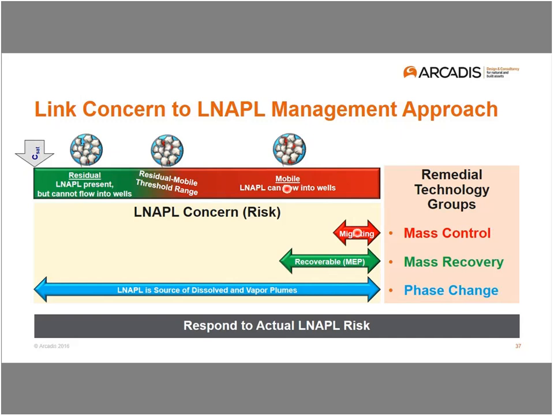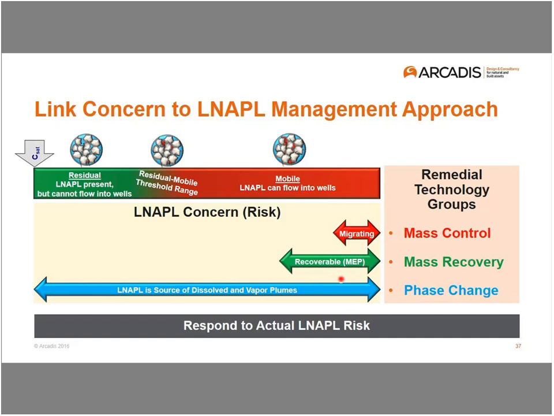But maybe the NAPL is at a lower saturation, or mass recovery, just pumping the NAPL, could slow migration. So at that larger LNAPL saturation range, at the high end, we've got recoverable NAPL that might be recoverable to the maximum extent practical. We're going to use mass recovery technologies.